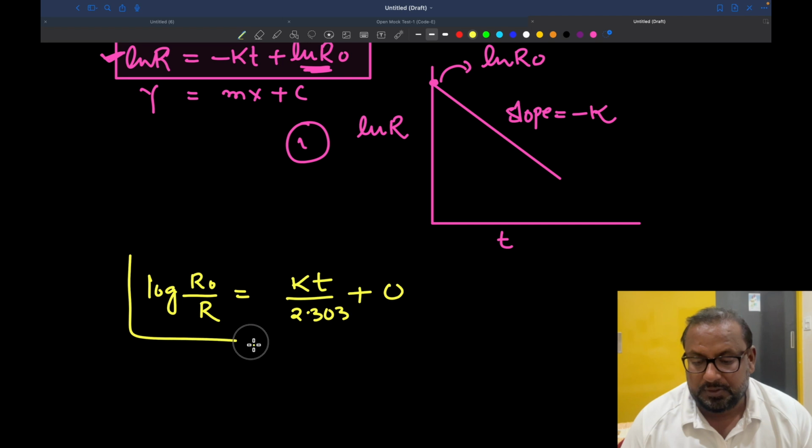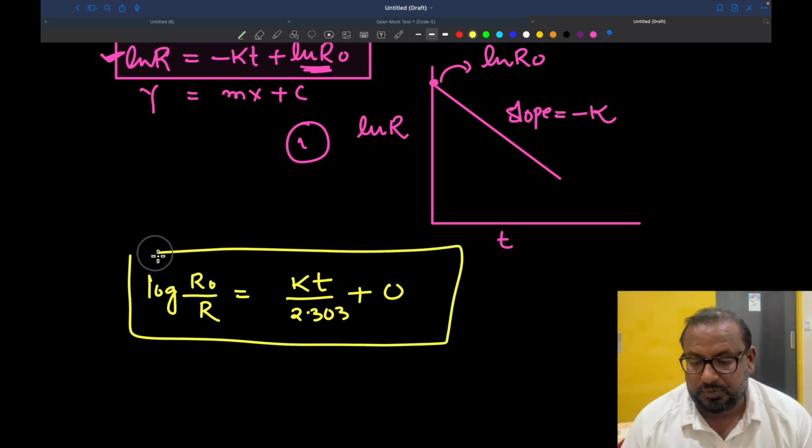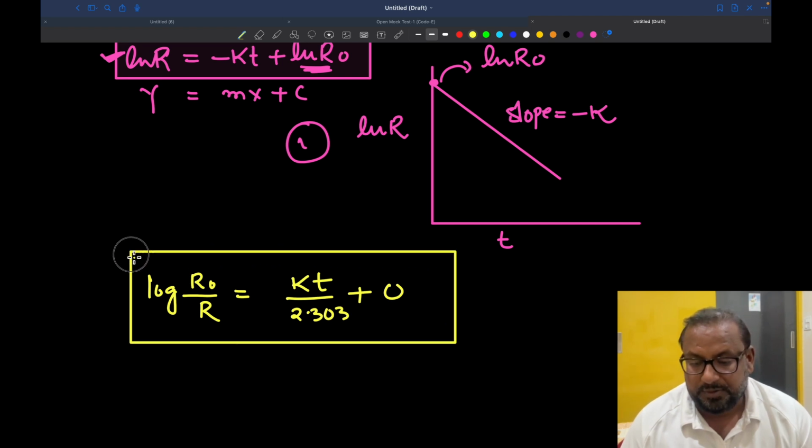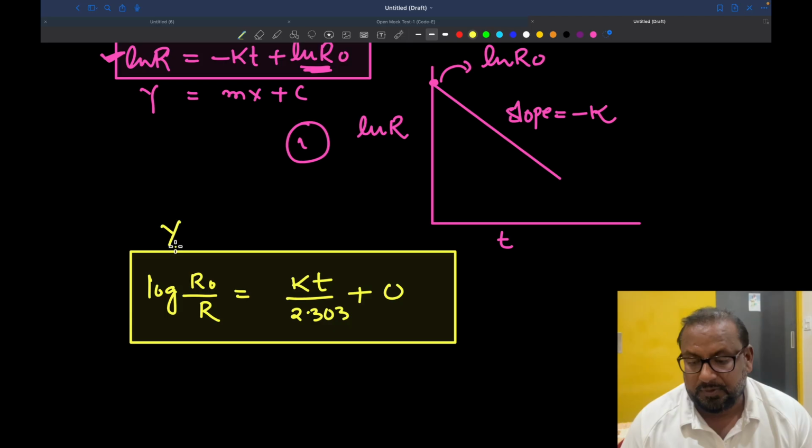On the basis of this we have to draw one more graph. Two graphs are important here. This is also in the form of y equals mx plus c.